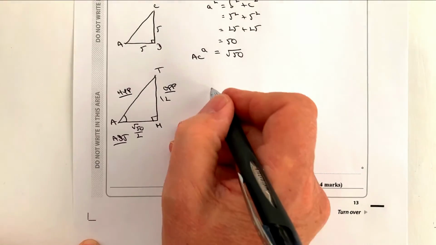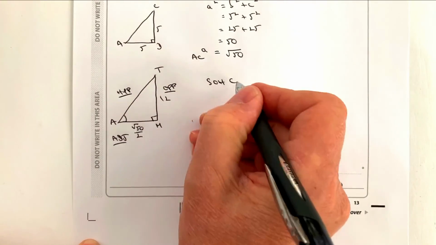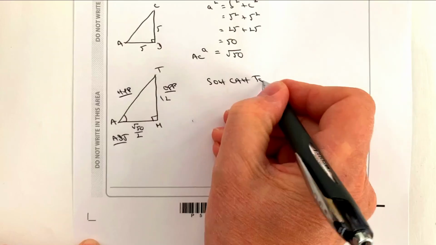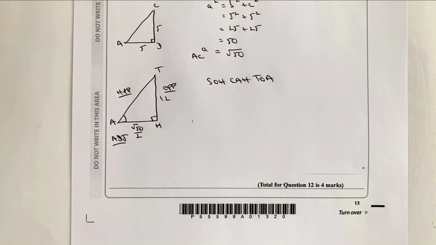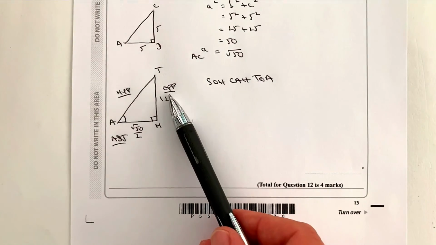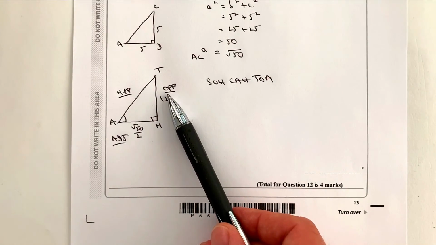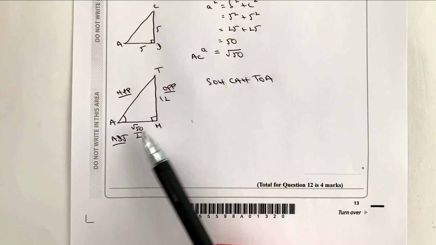Okay, so I can now write SohCahToa, and I'm going to figure out which one of these ratios I need to actually use. Well, the one I'm going to choose is the tan ratio, because I know the opposite, I've got that there, and I've got the adjacent.